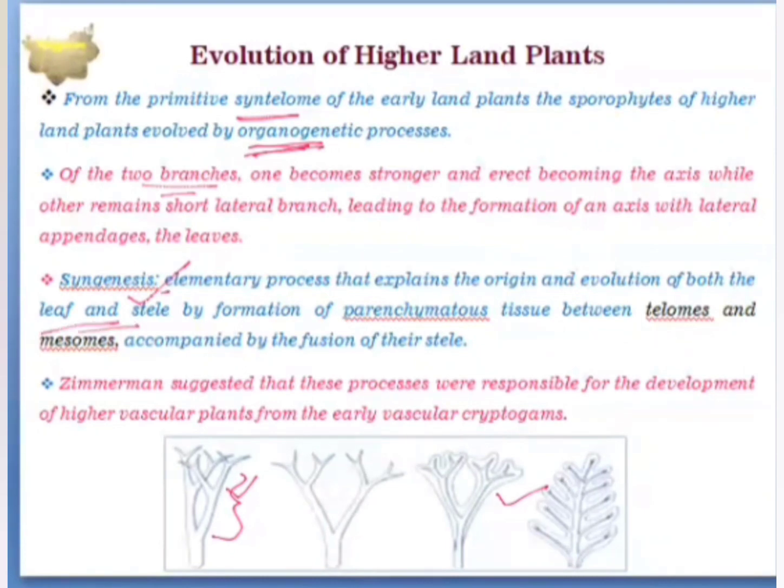Syngenesis means the formation of parenchymatous tissue between telomes and mesomes, accompanied by the fusion of their steles. All these processes, according to Zimmermann, were responsible for the development of higher vascular plants such as angiosperms and gymnosperms from the earlier vascular cryptogams.